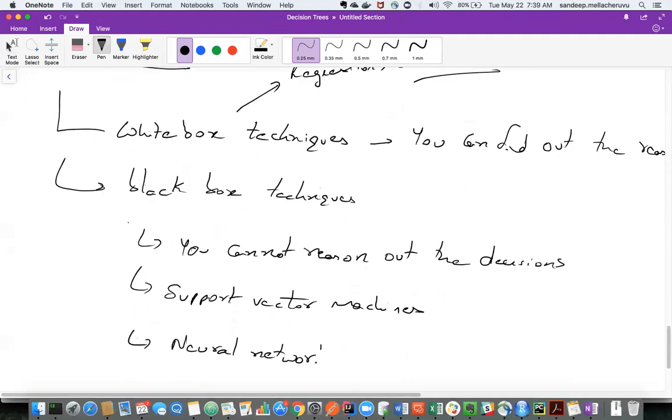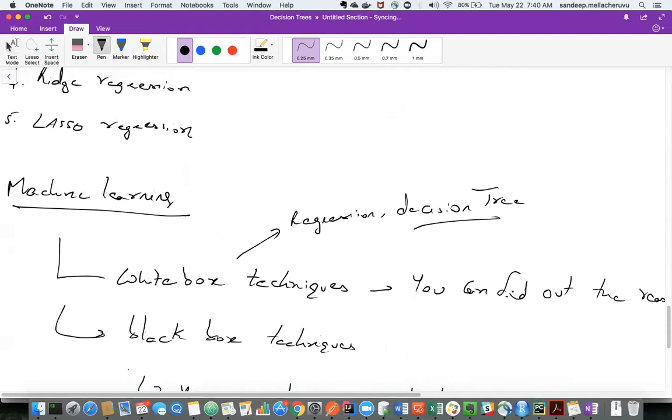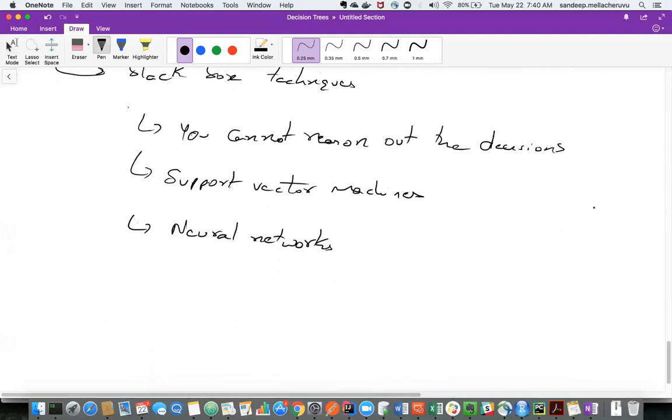Again, same problem. Very hard to reason out. There is another technique called KNN, which is a kind of white box, but it's not really as white as regression and decision tree. A little bit more difficult to interpret, but we can classify it as a white box model. We are going to see the KNN model as well, nearest neighbors.